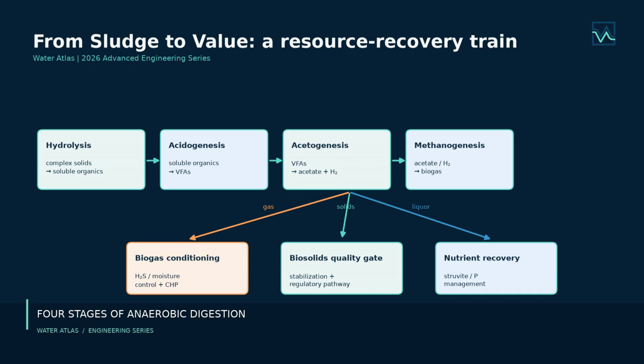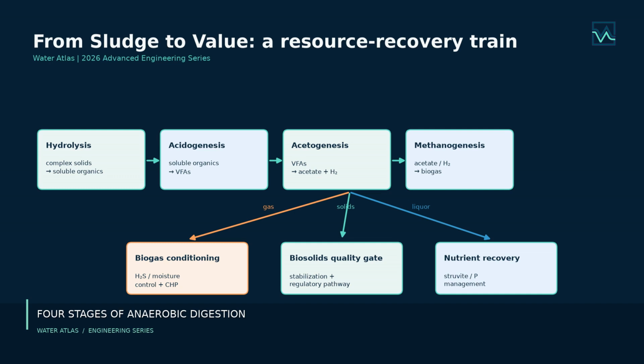Finally, the fourth stage, methanogenesis, is driven by strict archaea called methanogens, which consume acetate, hydrogen, and carbon dioxide to produce methane gas. Maintaining a delicate kinetic balance between acid producers and methane consumers is the single most critical challenge in digester management. If acidogenesis outpaces methanogenesis, volatile fatty acids accumulate, threatening process failure.